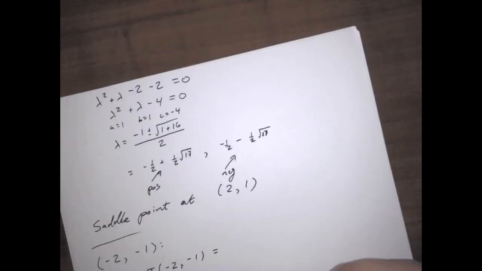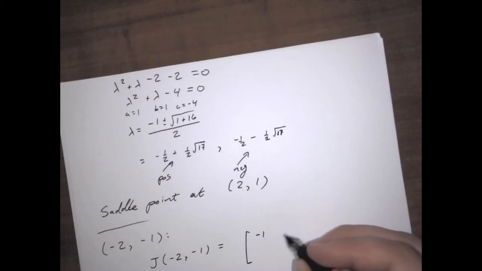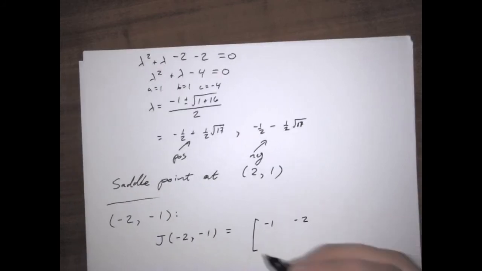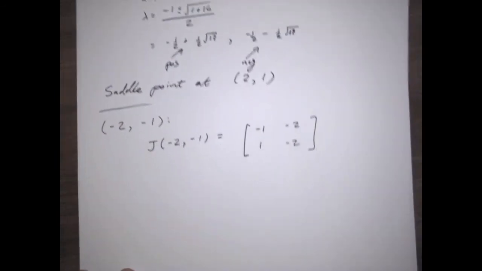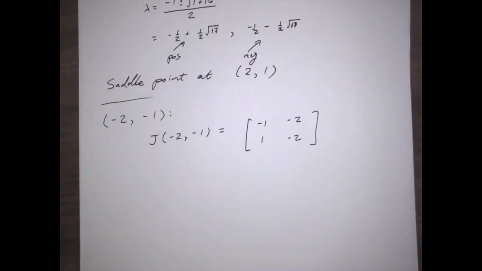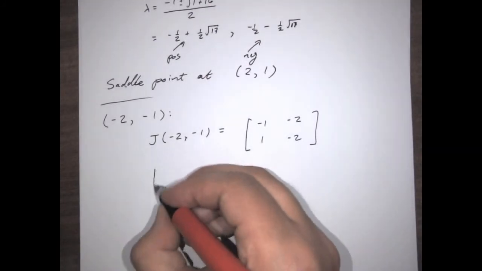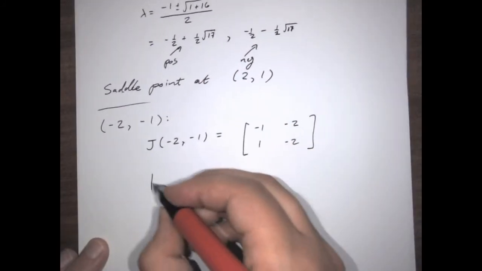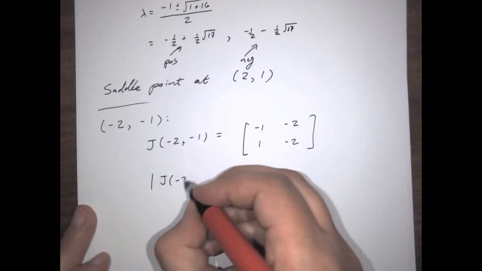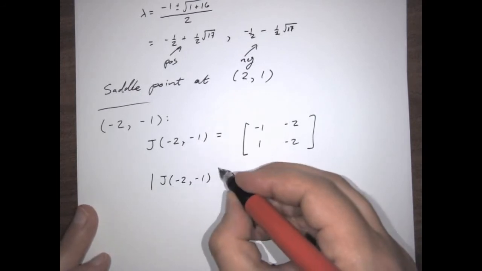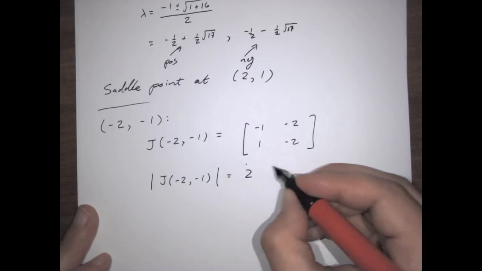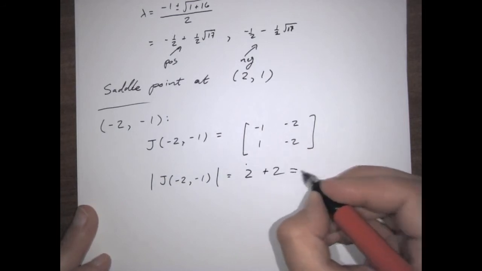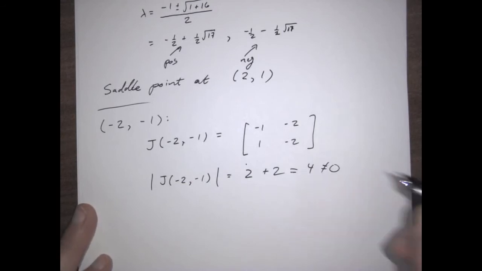It was y x, so that's going to be negative 1, negative 2, 1, negative 2. So then the determinant of that Jacobian is going to be 2 plus 2, which equals 4, which isn't 0, which is the important thing about it.